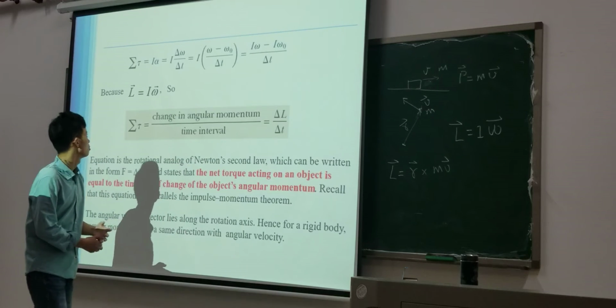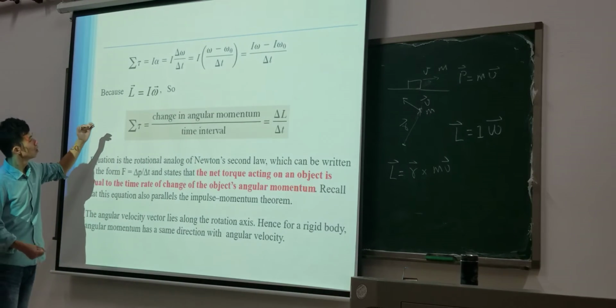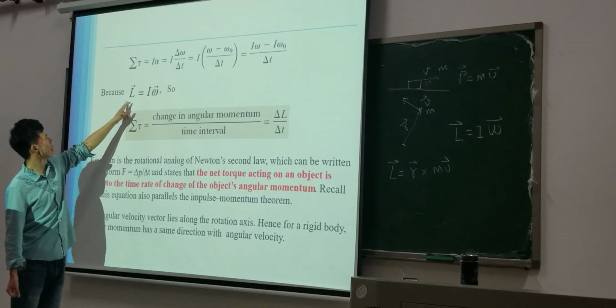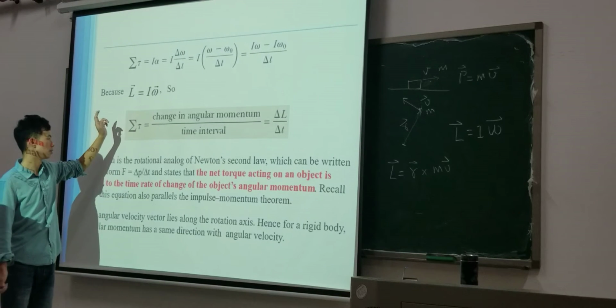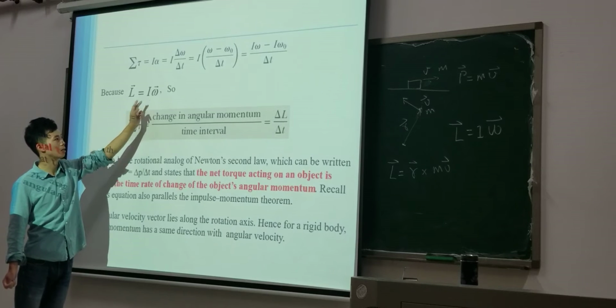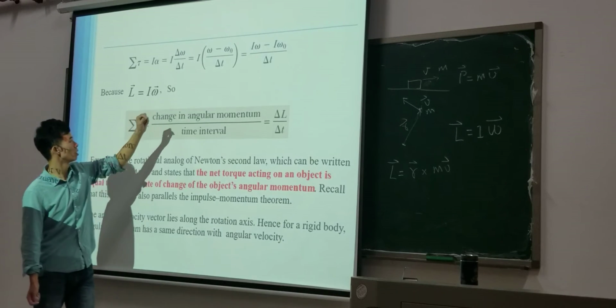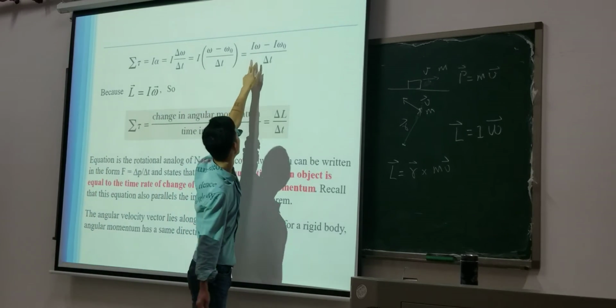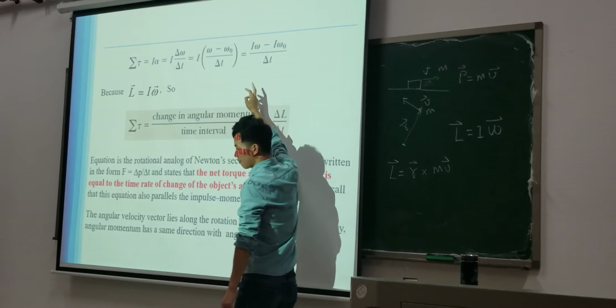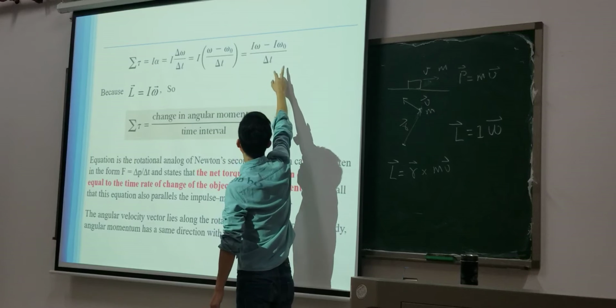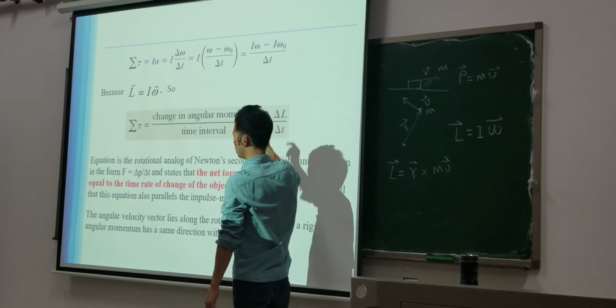Because the angular momentum L is equal to I omega, omega is the final and omega 0 is the initial.